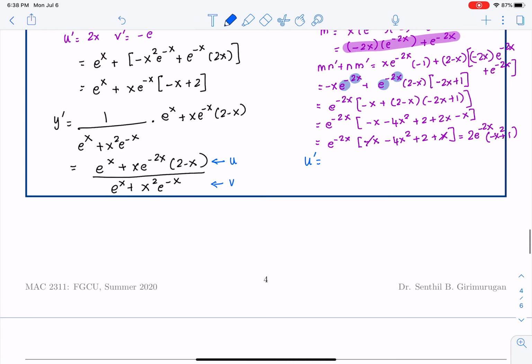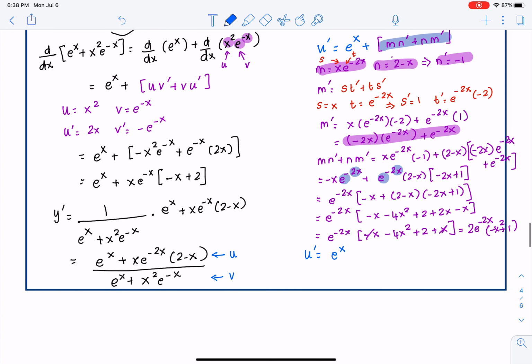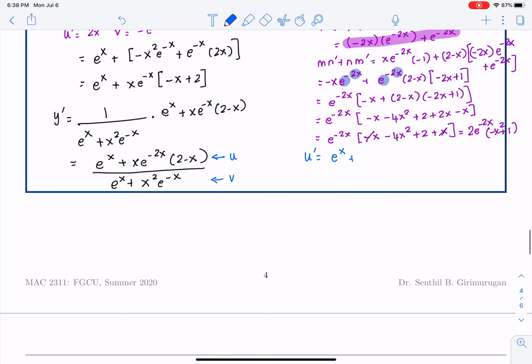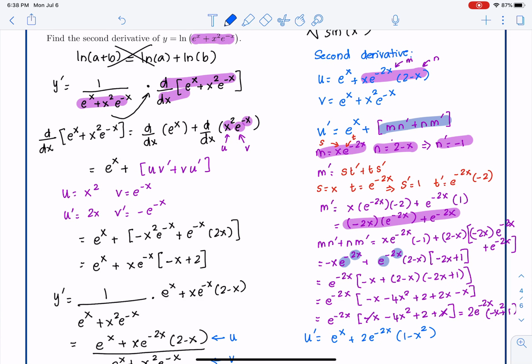U prime is the e raised x plus the product rule that we did, and we got the second part, m n prime plus n m prime. So I'm going to throw that in there. Now, we already did the work for v, so v prime, we know. What is v prime?